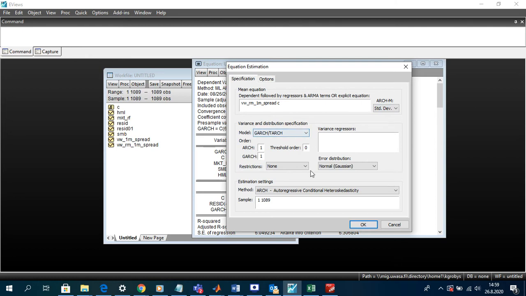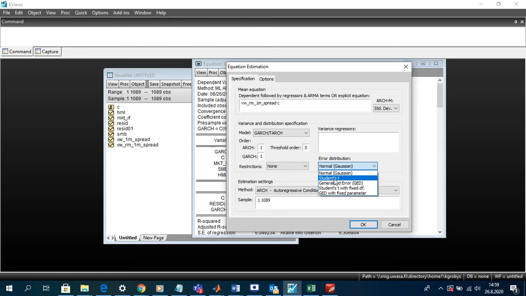In order to do this correctly, we have to change the error distribution, which models this innovation process. So we have to plug in basically Student's t, and let EViews choose the optimal degrees of freedom.